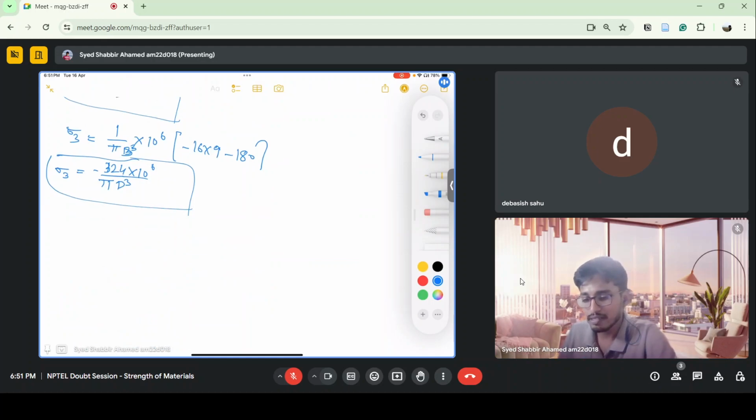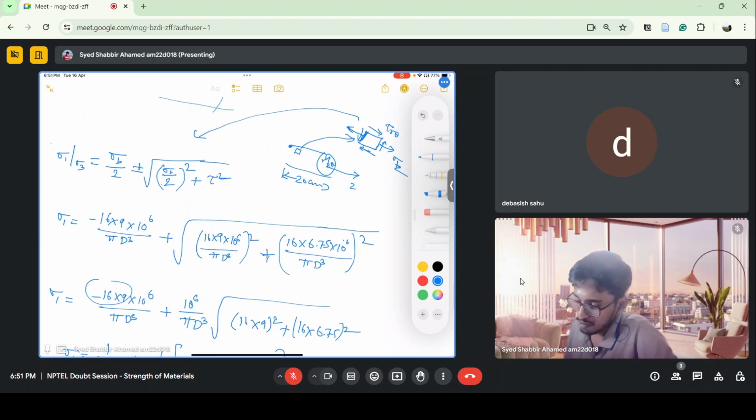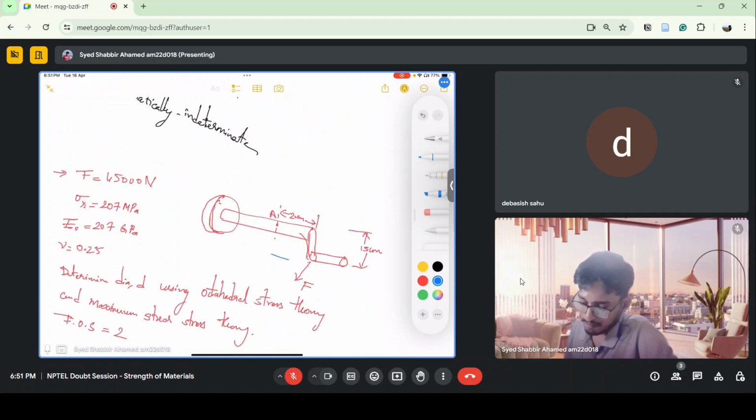Let's find out the diameter using the various theories which we have. So we have the structure, and the structure is subjected to some load. So we are going to design the structure. Designing means we have to find out the dimensions of the structure so that it doesn't fail.